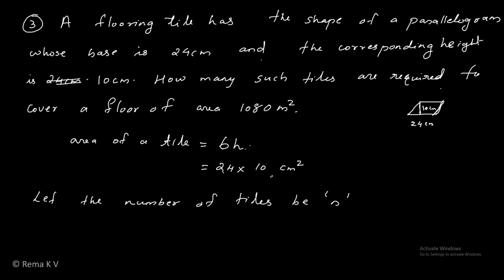And this is given in centimeter square, and the total area is given in meter square. So we have to change this. So the total area is equal to, how are we finding the total area? Area of one tile into number of tiles.